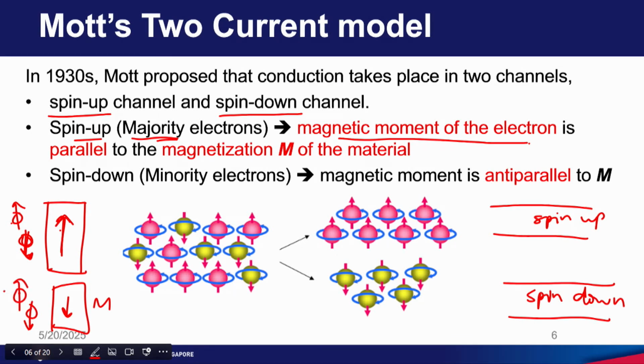So it is with respect to the direction of magnetization, whether it is parallel or anti-parallel, that we have this definition. From this slide you just take that there are two paths for the two electrons. Spin up electrons go in one path, spin down electrons go in another path.